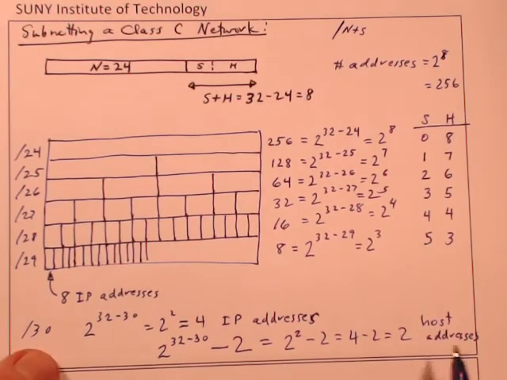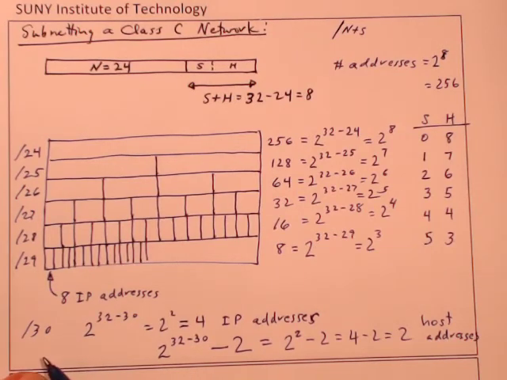Okay, and sometimes we use a slash 30 network when we want to create a subnet between 2 router interfaces, for example. We only need 2 addresses, a point-to-point link between 2 router interfaces. We'll use a slash 30.